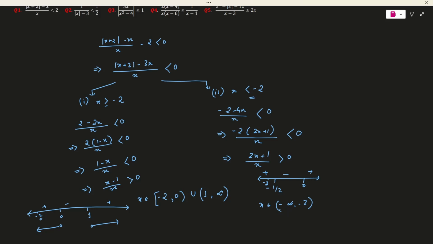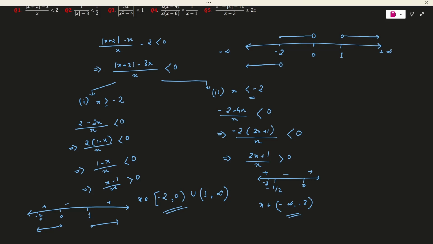Now I have to combine this range and this range. Draw another number line. So this is minus infinity, this is plus infinity. The first range says that x belongs to minus 2, suppose this is 0, this is 1. So minus 2 included to 0, then 1 open bracket to infinity. The second says minus infinity to minus 2.